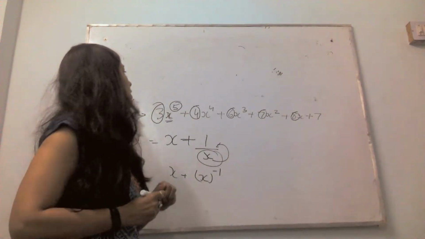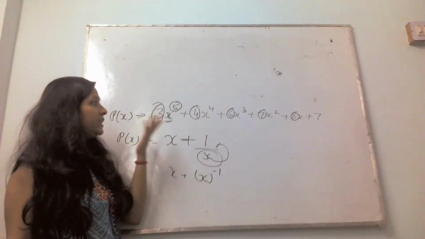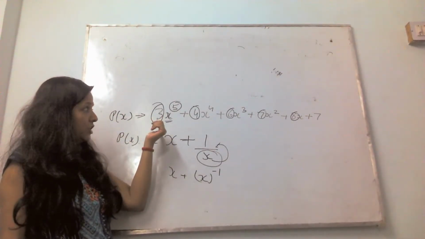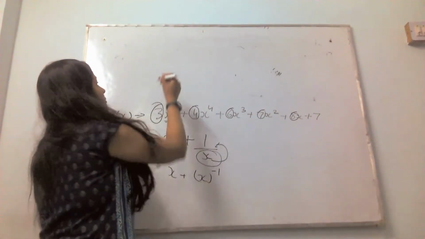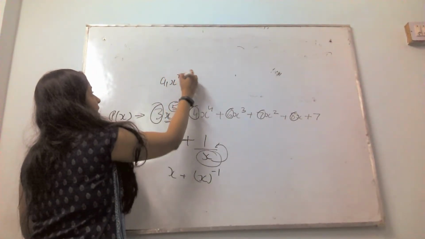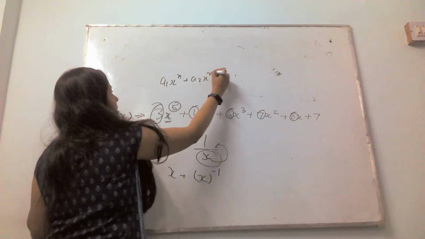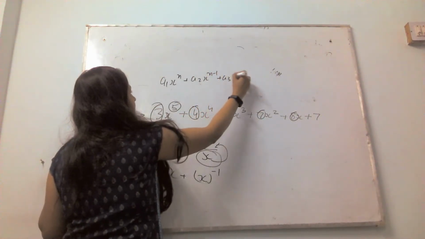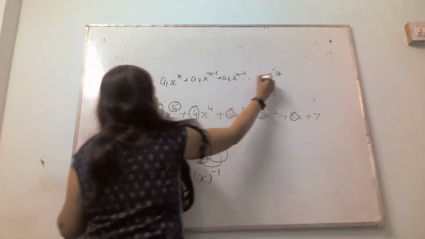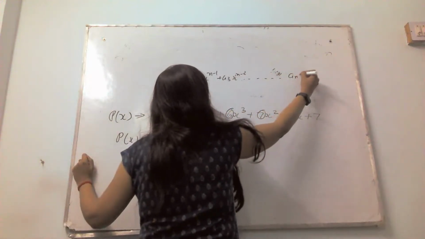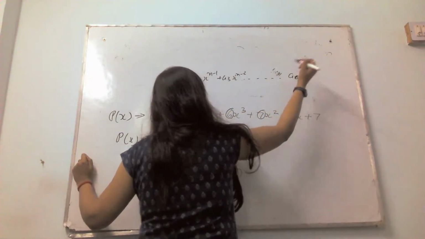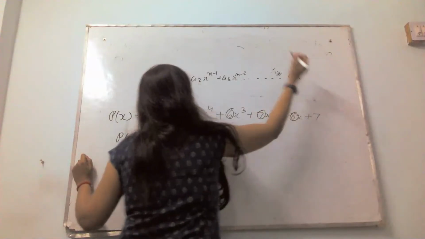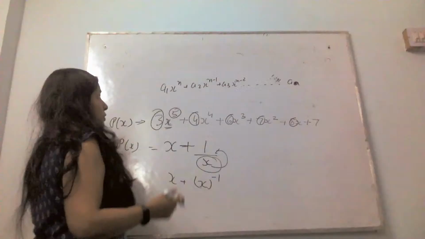Once again, we are going to clear it. What is a polynomial? An expression in the form of a1 x to the power n, a2 x to the power n minus 1, a3 x to the power n minus 2, and so on up to an, is called a polynomial.